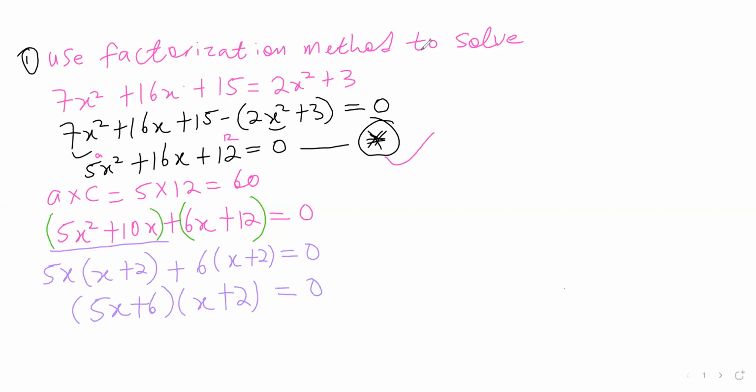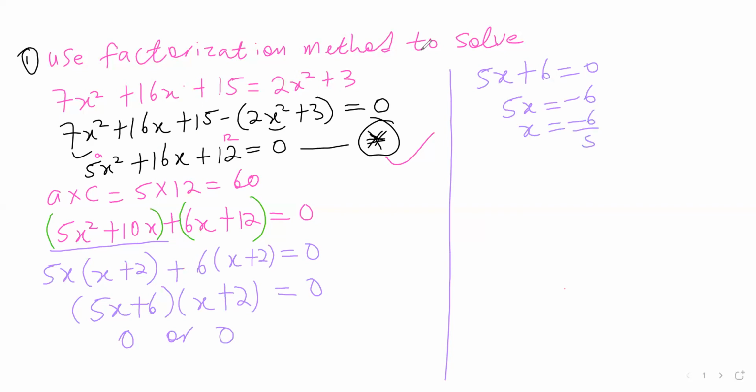Remember, we want to find the solution, so we want the exact values of x. When we have something like this, it means either this is 0 or this is 0. So I can write 5x plus 6 is equal to 0, and when I solve, 5x equals negative 6, so x equals negative 6 over 5.